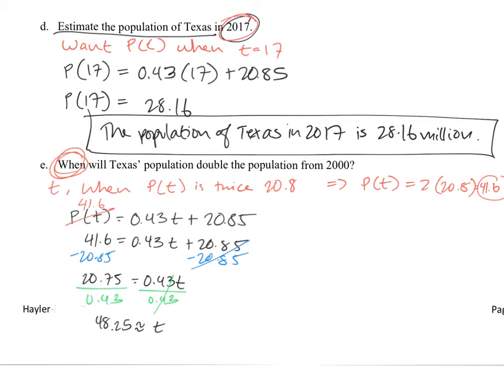Well, remember, t is years. So I'm going to actually estimate this probably more to the nearest whole year. That would make more sense. So the nearest year would probably just be 48. So let's go ahead and round that off to about 48. Which means Texas's population will double in 2048.